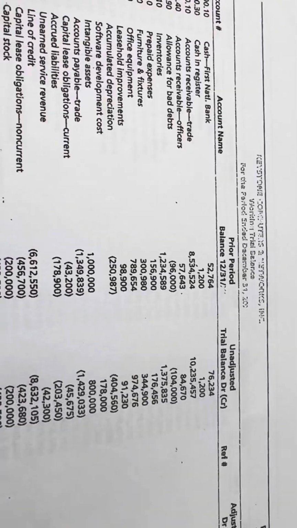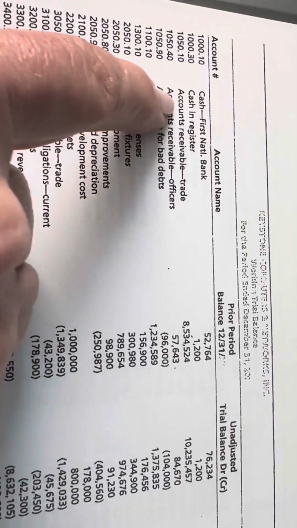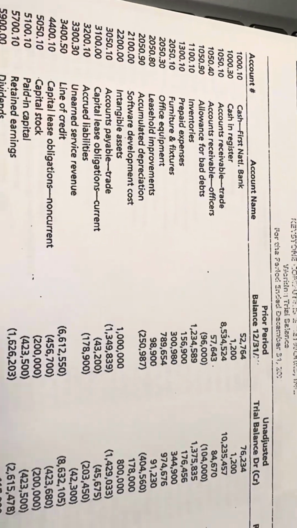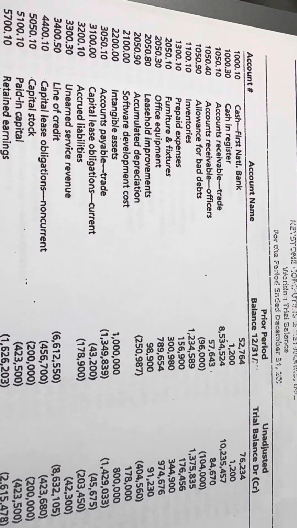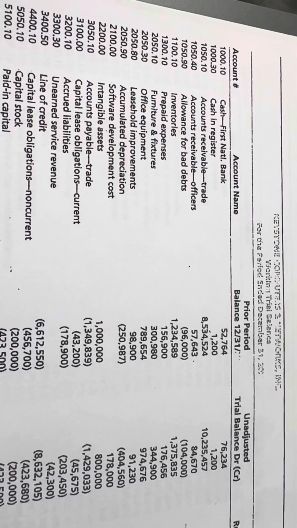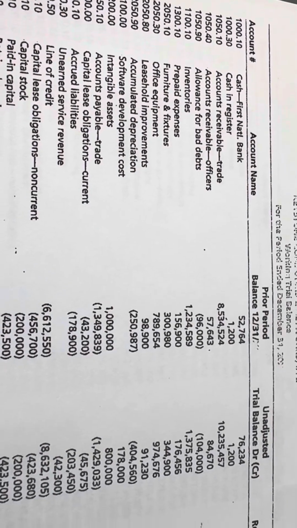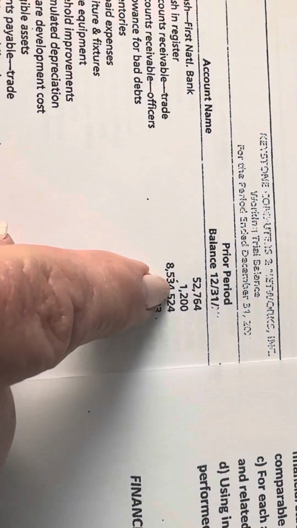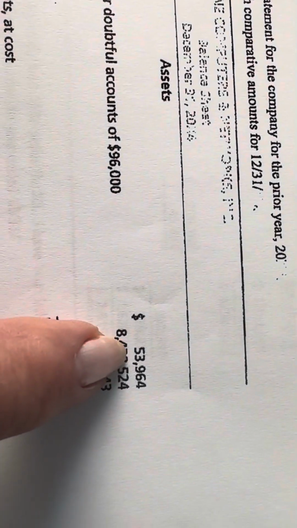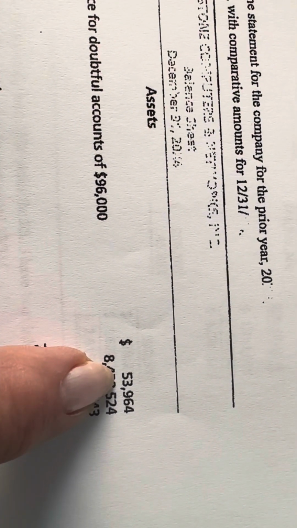Now, the third page will be your trial balances. Now, the numbers for last year, this is your balance sheet. It starts with cash. These are your trial balance numbers. And this column will be the numbers that were in last year's balance sheet. So let's take a look here. On cash, if you add the first two numbers, you come up with the cash number of $53,964.